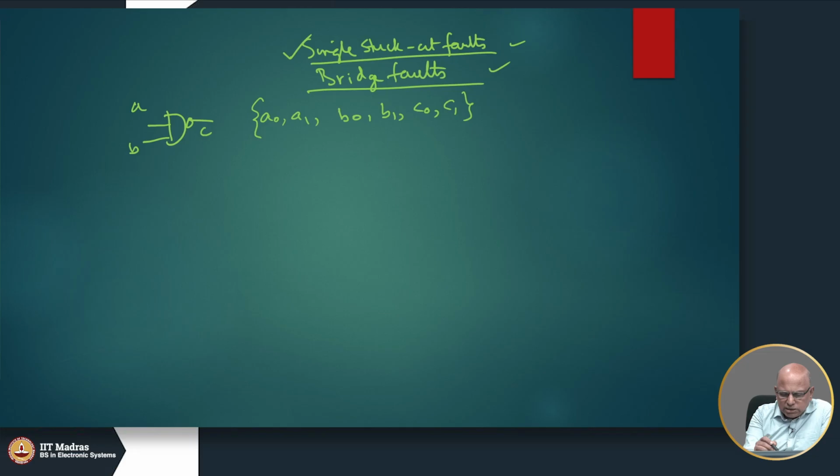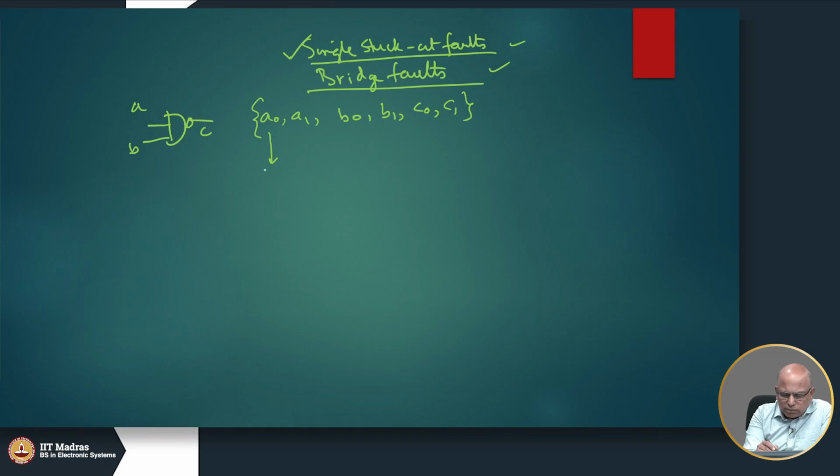See, for example, A0. A good circuit will produce a 1 when A is stuck at 0 and we apply, let us say, 1 1. A faulty circuit will produce a 0.